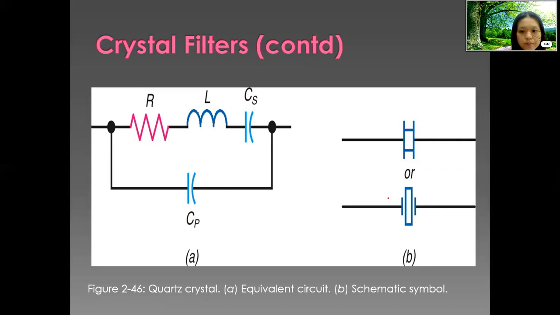And B is the symbol of the crystal filter.